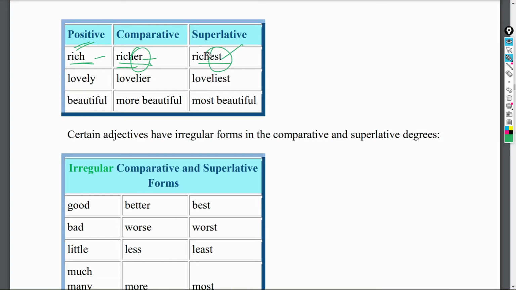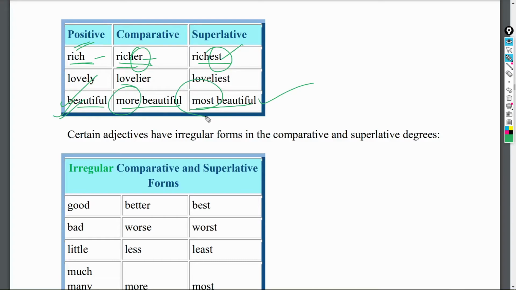In the similar manner, beautiful, you cannot tell beautifuler, you cannot tell beautifulest, वो गलत होगा। तो हम क्या लिखेंगे, more beautiful and most beautiful, है ना, means it is coming from much, more, most, so it is understood more will be there in the comparative and most will be there in the superlative degree.